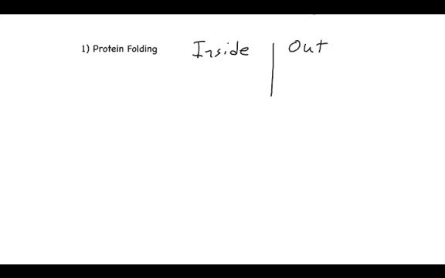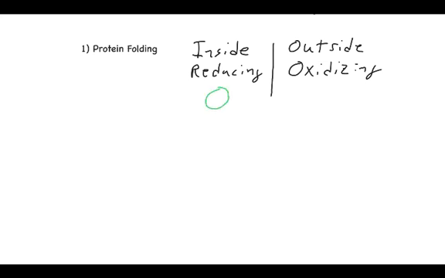And this creates a special problem for secretory proteins because the biochemical environment inside the cell and outside the cell are very different. So the cytoplasm of the cell is reducing, and outside the cell, it's oxidizing because of the oxygen-rich atmosphere. So this has drastic effects on how proteins fold. So you have proteins that normally are in a reducing environment and yet have to be stable in an oxidizing environment.